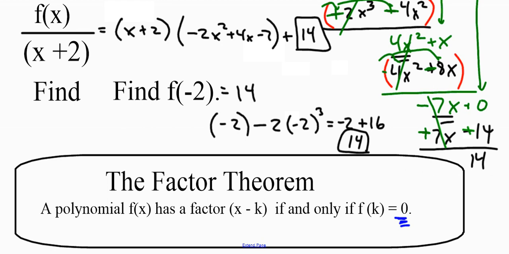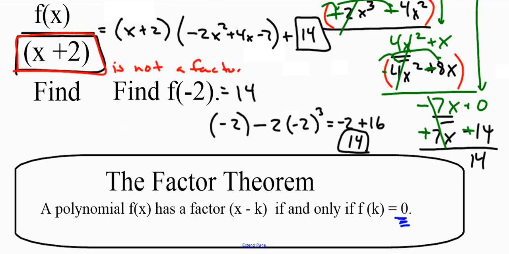From here, we identify that x plus 2 is not a factor of f of x. Why? Because we have a remainder, a remainder equaling 14.